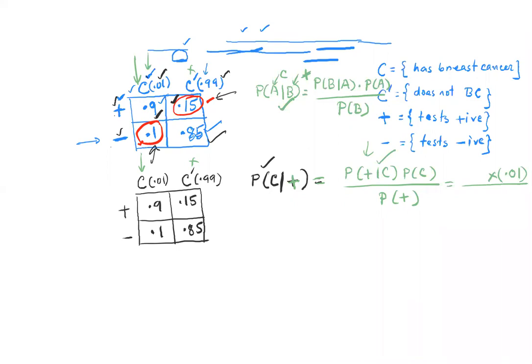So if you are restricting yourself to the first column, which comes from the fact that C is given, that means the individual has cancer, then what are the chances of testing positive, which is nothing but 90% or 0.9. So you're going to multiply it by 0.9.